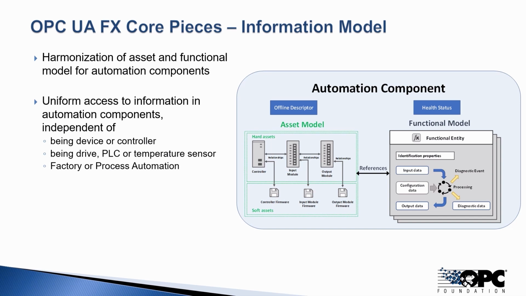We are harmonizing access to asset information and access to functional information inside an automation component, which then allows a tool from outside to get uniform access to information in the automation components, and that is independent of whether the automation component is a device or a controller, a drive, a PLC, or a temperature sensor, or belongs to factory or process automation.